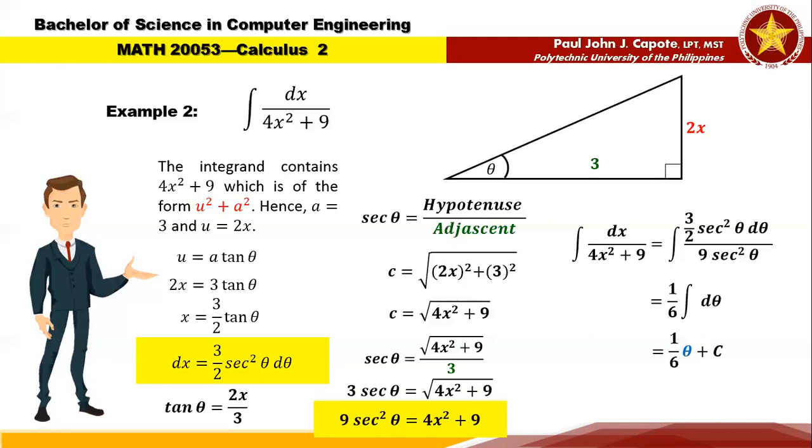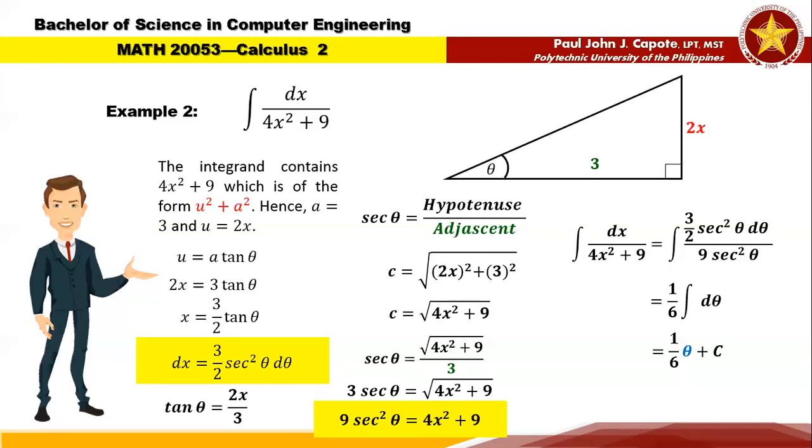From our previous information, we know that tangent theta is equal to 2x over 3. Now we can get the value of theta by getting the inverse tangent of both sides of the equation.